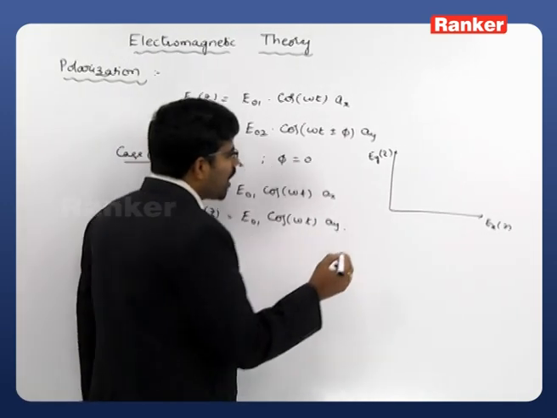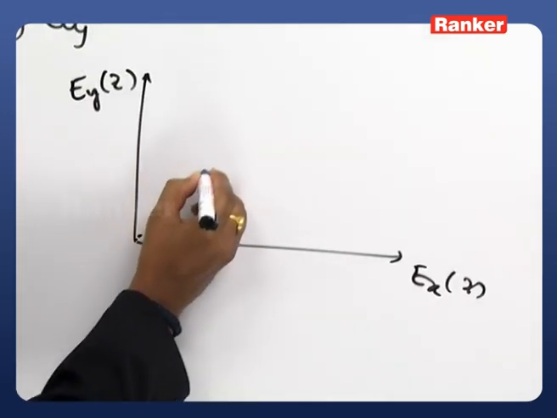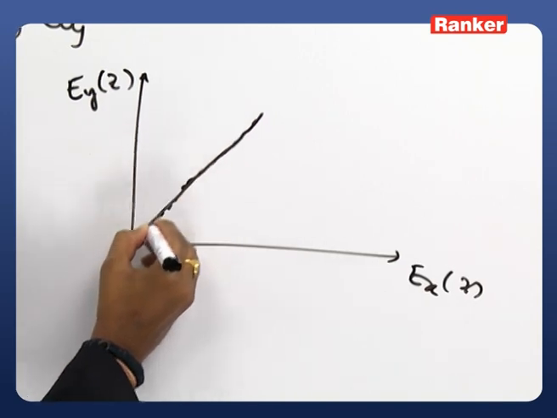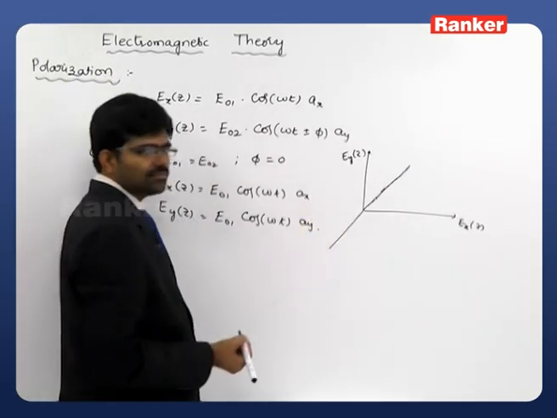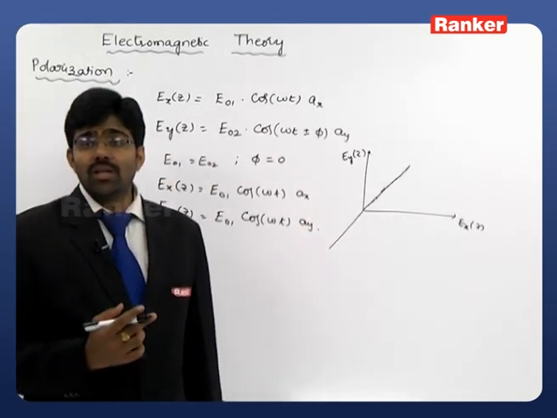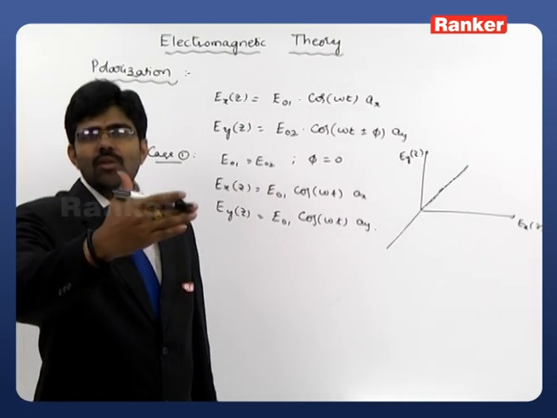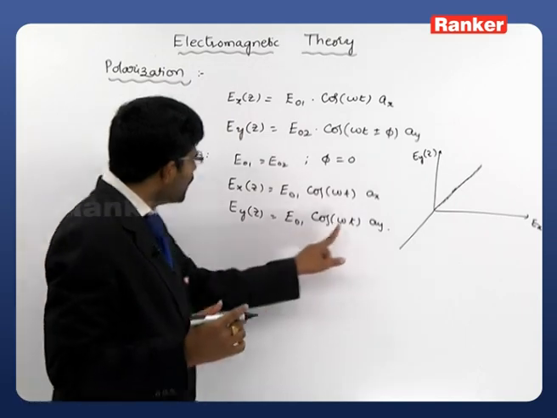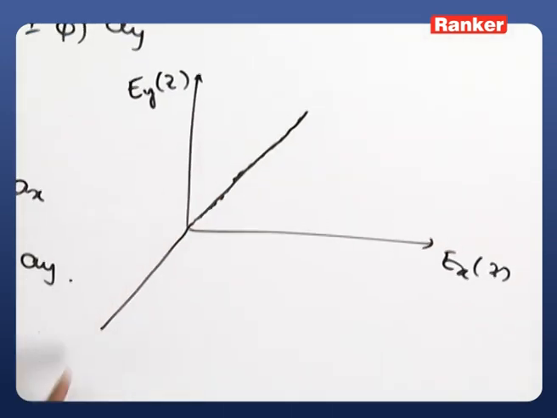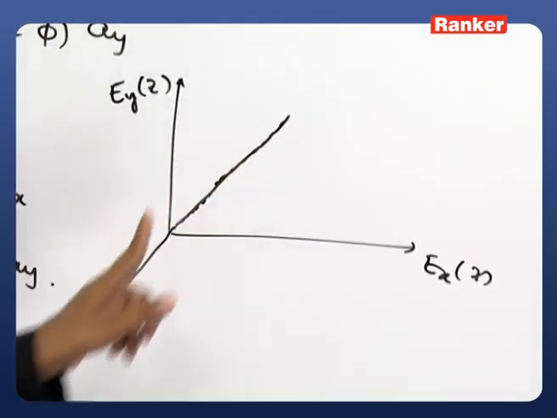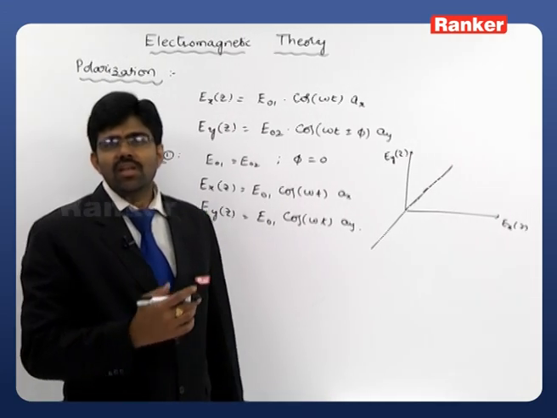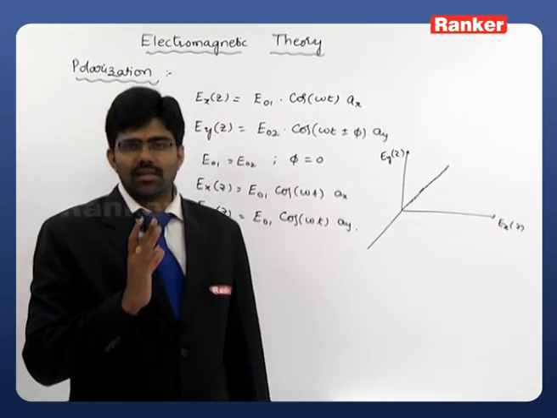So the graph will be like this, a simple straight line. When you are observing from one end, at some location, and vary the time, if you draw the graph, obviously this will be a straight line. Then it is said to be a linearly polarized signal.